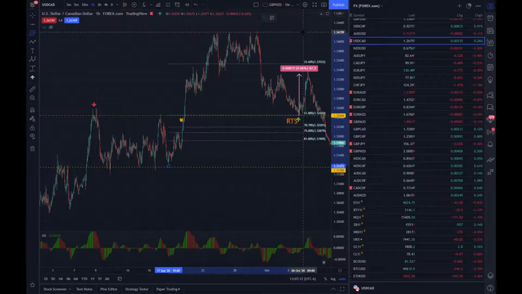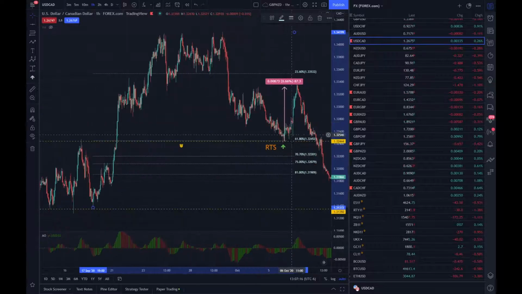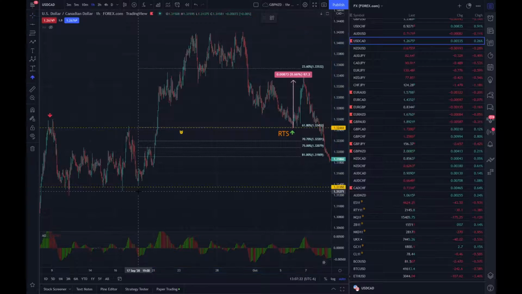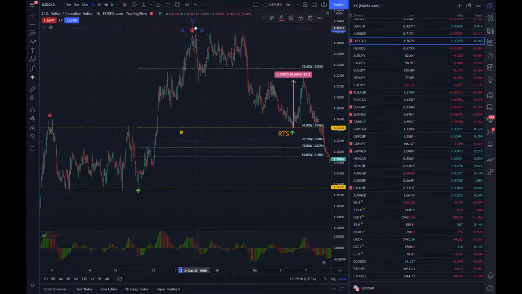And as I draw my Fibonacci levels, it's quite comical that once again the 61.8% level touches exactly, and I must make sure I give the data points here. I'm starting from here, and I'm going to this high.